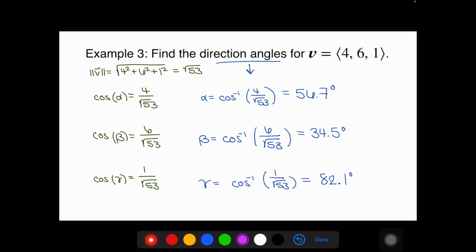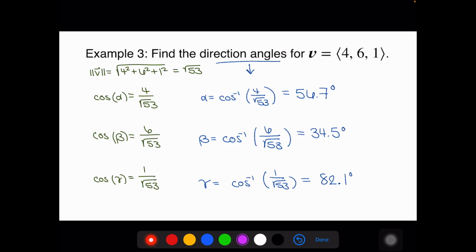I had to use a calculator again. My calculator is still in degree mode, and so I jotted down what I got. Inverse cosine of 4 over root 53 is 56.7 degrees. And again, that's the angle between the positive x-axis and this vector.